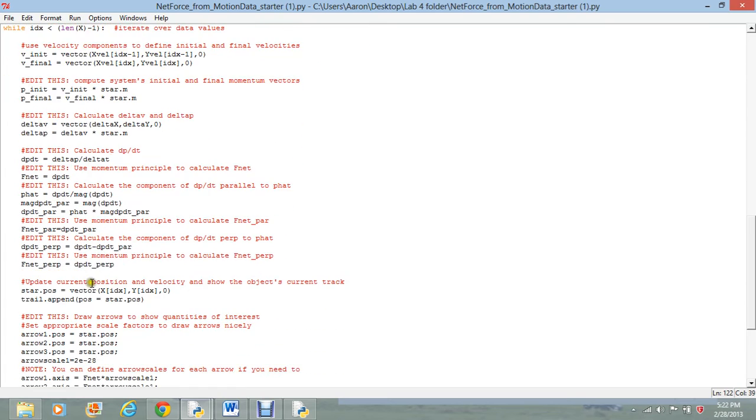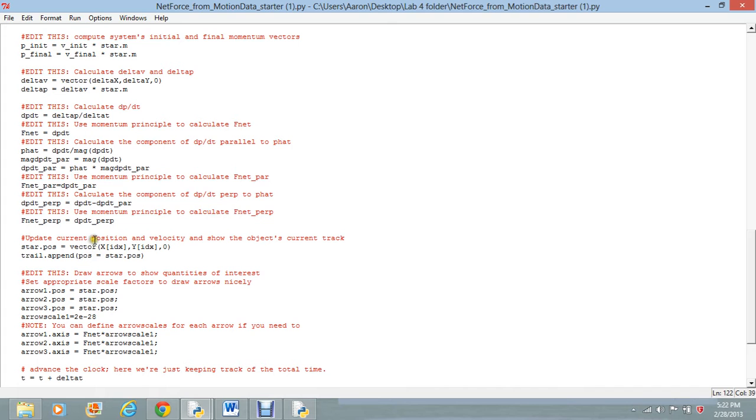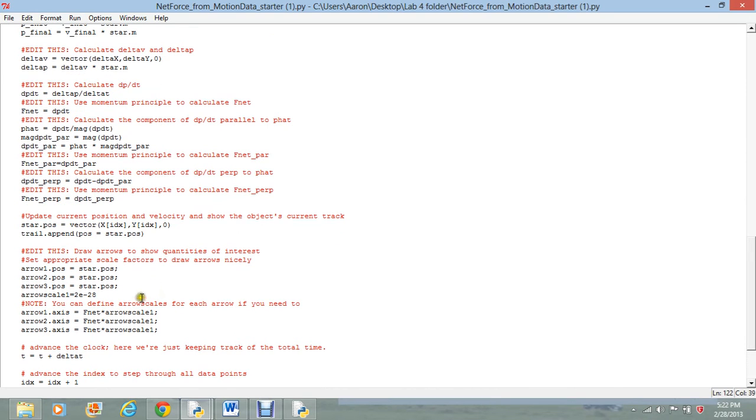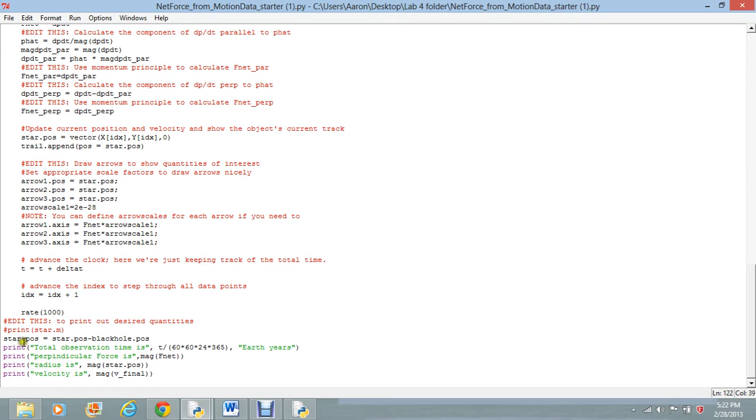Then it'll print that out for me, the FNet, and it's also going to calculate the position vector between the black hole and the star, and the mass of the star. Right down here I just have my print statements to find the force and the radius.